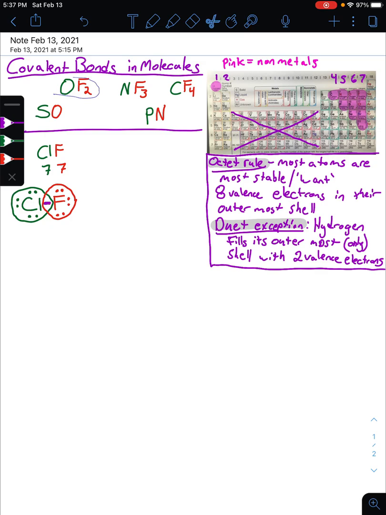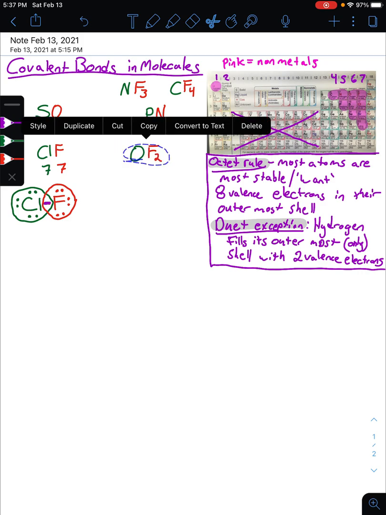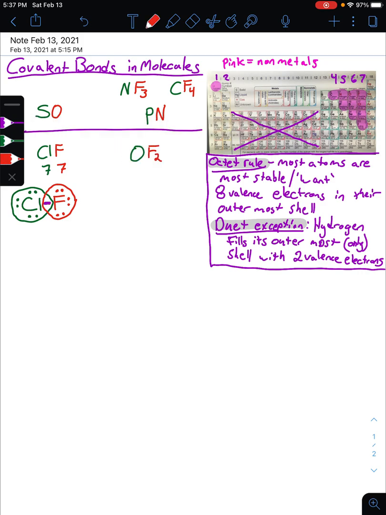Let's get a teeny bit more complicated. Let's look at oxygen and fluorine. All right, so figure out how many valence electrons they have. Oxygen is over here, trace it up. Oxygen has 6 valence electrons. Fluorine here, trace it up. They've got 7. So 6 and 7.